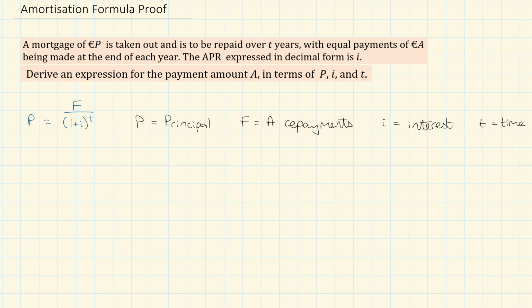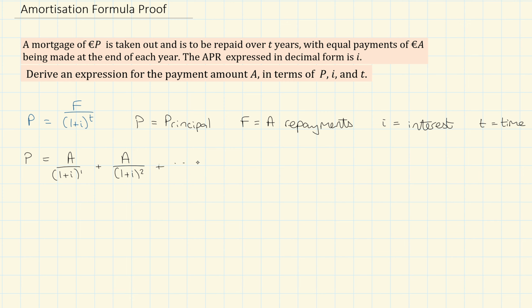Okay, so what we'll do is we'll set it up as if we had a normal loan question that we were working on, and just instead of F we use the letter A. So we'd have A over 1 plus I to the power of 1, plus A over 1 plus I squared.